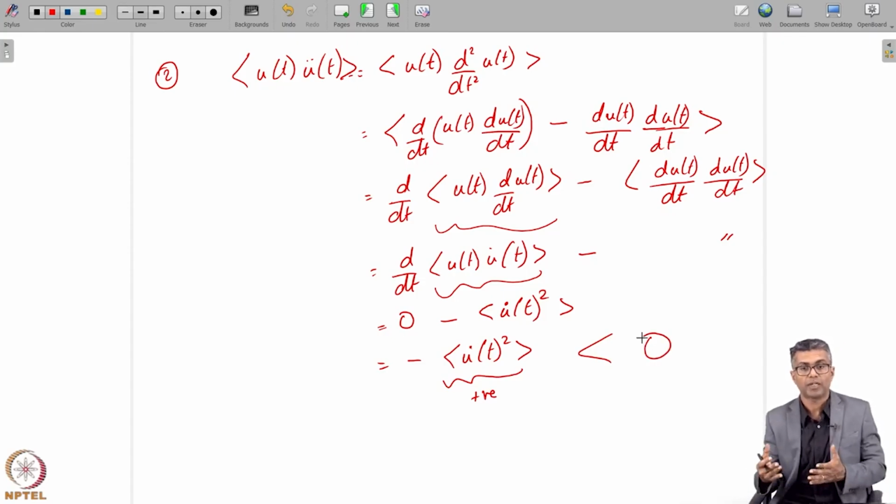Because you're taking u dot(t) squared, as in the derivative of u, and then you're squaring it. So it's going to be a positive number because you're taking the square. The negative of that will be a negative number, so essentially you have it less than 0, isn't it? So there you go, the second one we have proved like that.